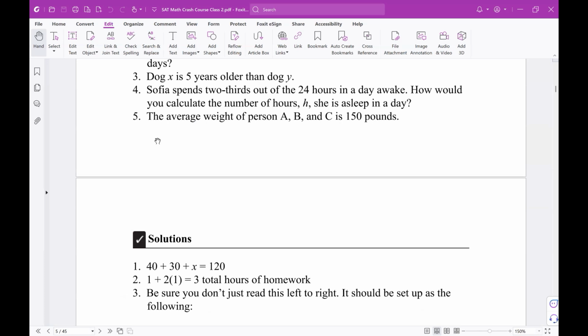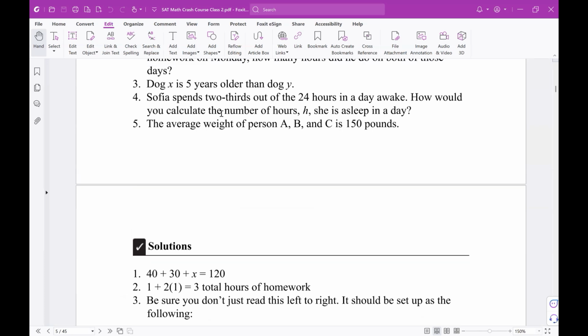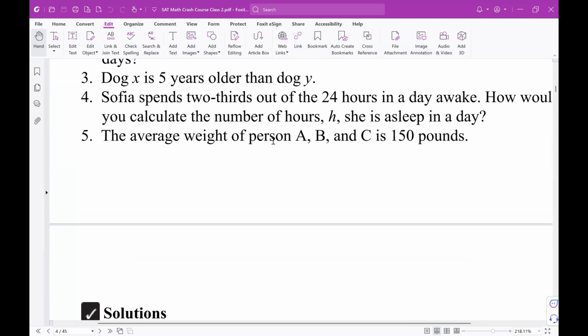Yes. Okay, so the average weight of person A, B, and C is 150 pounds. What is the average? Average is the total divided by the number of elements. For example, if you consider person A, person B, and person C individually as an element, then average means the total amount divided by the total element number.